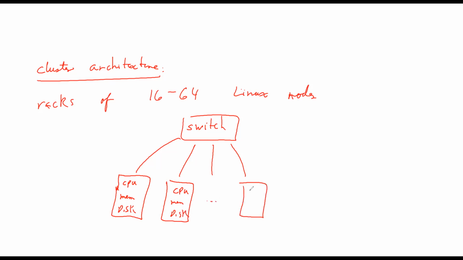But we have a cluster made up of these computers. Okay, so that's really what a cluster is, right? So we have a cluster of commodity Linux nodes working together.